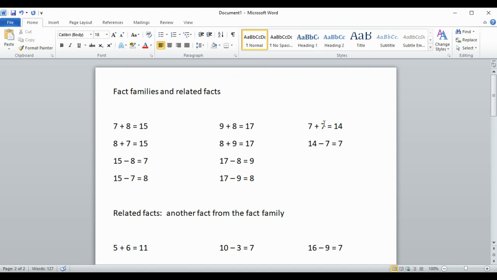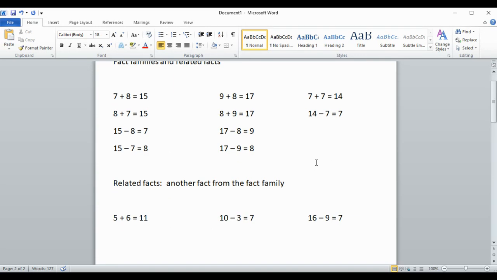If we're going to reverse them, we're just going to end up with 7 plus 7. So there's no reason to write them down a second time exactly the same way. And the same goes with the subtraction fact. So when you are doubling the number, then your fact family is only going to have 2 members.